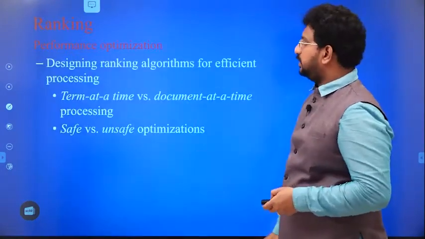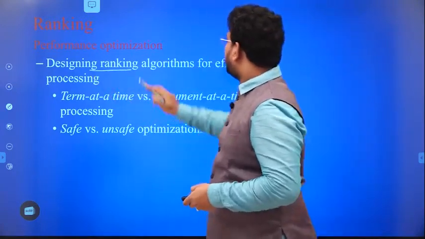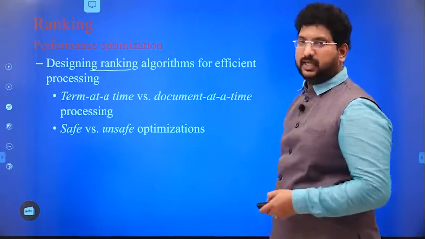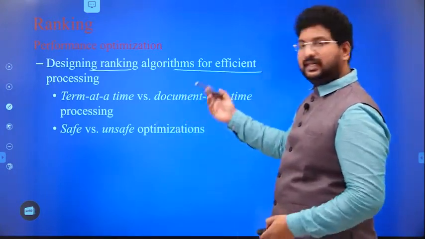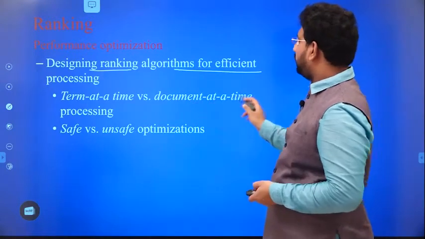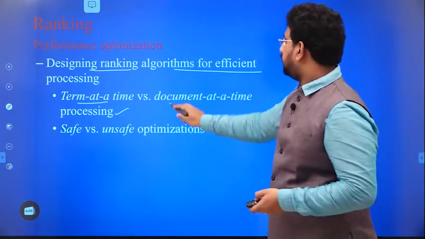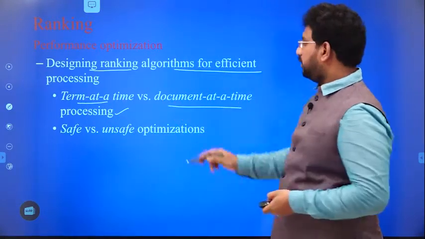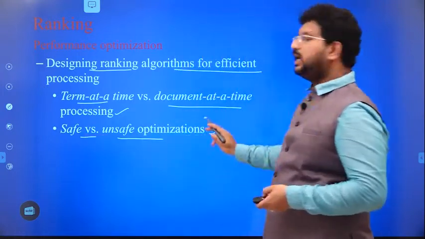And the performance optimization here is designing ranking algorithms for efficient processing: term at a time versus document at a time processing. Term at a time will be processed and document at a time will be processed, and safe and unsafe optimizations will be done.